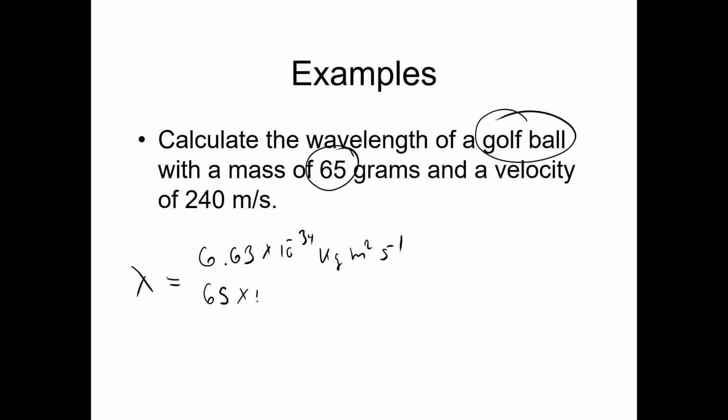So it's 65 times 10 to the negative 3 kilograms, and the velocity is 240 meters per second, or if I write it like this, per second, then you can see that this cancels nicely, right? See, here your units are important, because if you plug in 65, you're going to get the problem wrong. You have to put 65 times 10 to the negative 3.